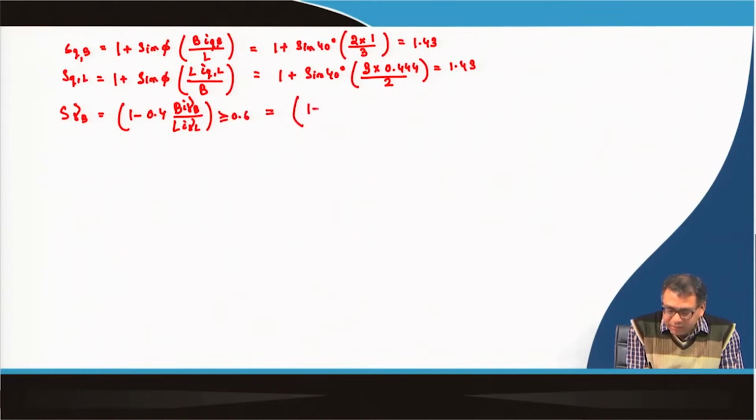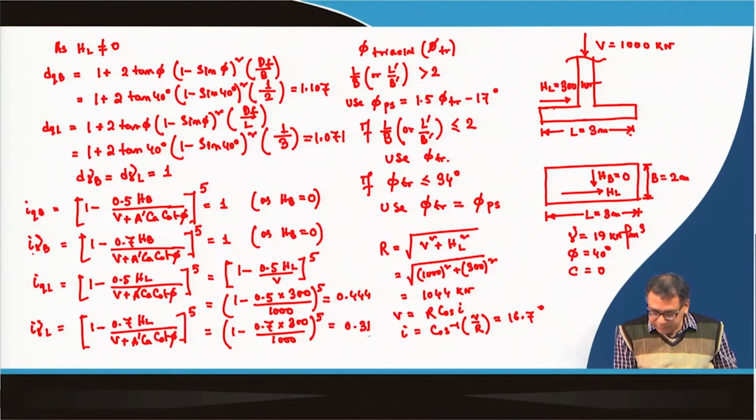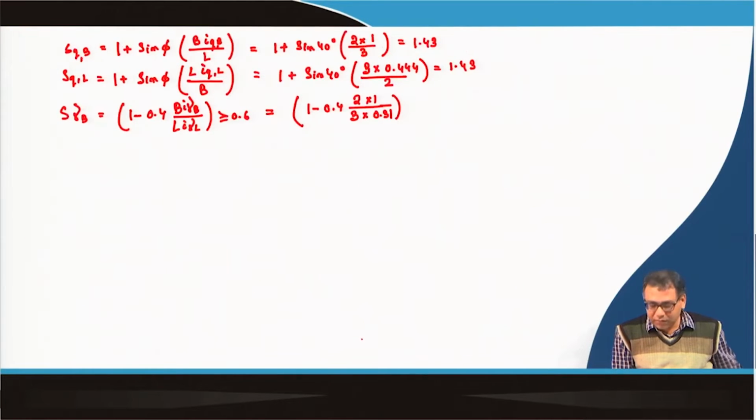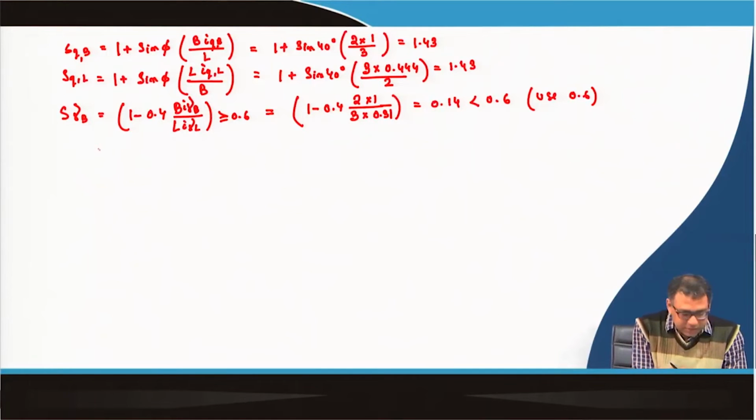So now I can write 1 minus 0.4, B is 2, I gamma B is 1, L is 3, I gamma L is 0.31, because this is 0.31, this is 0.31. So this value is 0.14, as it is less than 0.6. So use 0.6, because it should be greater than or equal to 0.6.